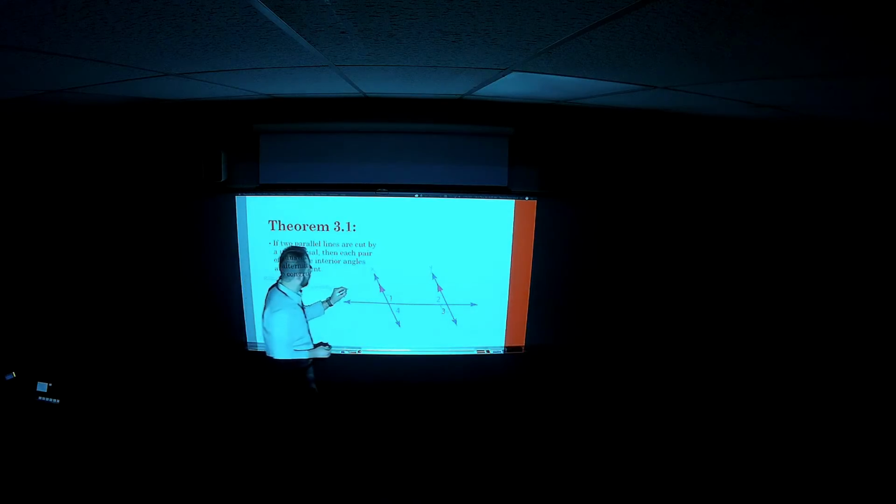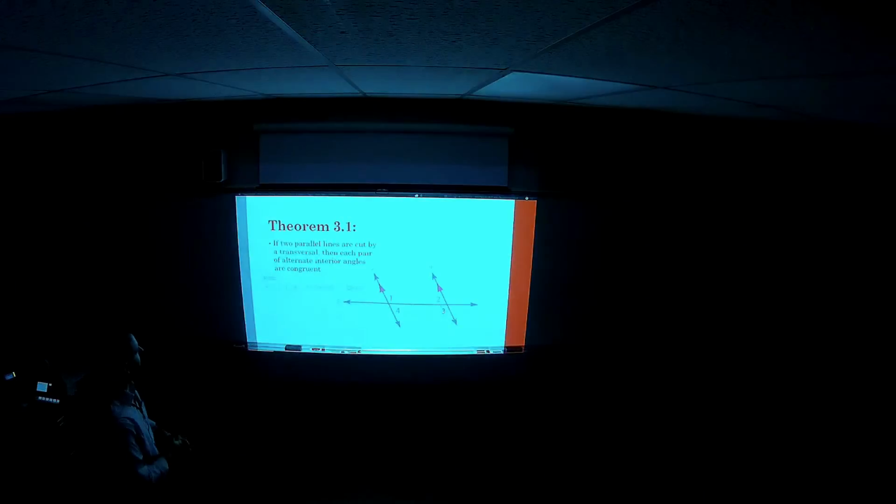Okay, and that's our given. All right, so X and Y are parallel, Z is the transversal.